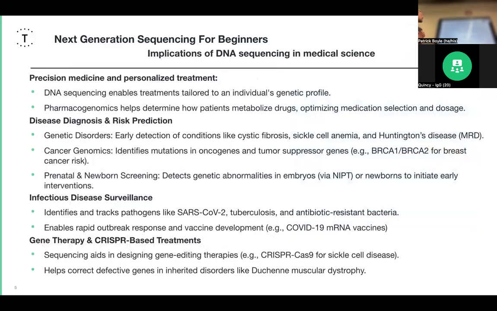Some implications of DNA sequencing in the medical science. So precision medicine is really big, obviously. Making treatments and drugs and outcomes, diagnoses, basically making these medicines and treatments for people that are tailored to their genome or tailored to their genes.